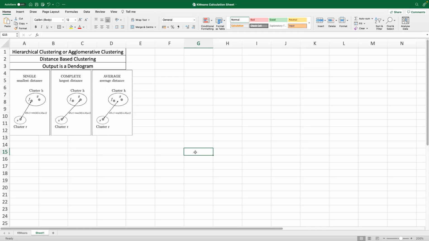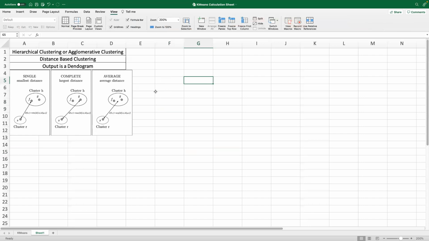In hierarchical, we have an option. We can take the minimum distance, which is called the single linkage method. We can take the maximum distance between two clusters, which we call the complete linkage method. Or we can take the average distance, which is the average linkage method. So how you link the clusters is very important here. That is what these methods are: single versus complete versus average.